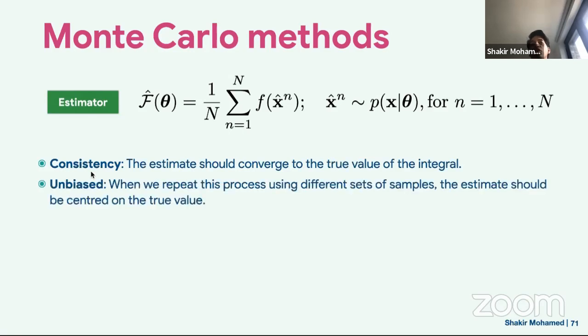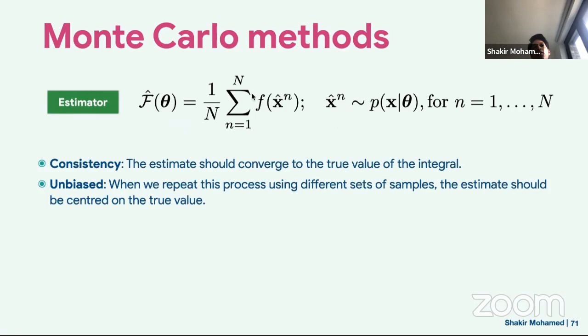Unbiasedness is usually the one that many people are interested in machine learning. So this sum that you see here, this value f of theta, is itself a random variable. And the reason it is a random variable is because you have to sample capital N different what we'll call variates xn. But you can generate many different sets of capital N variates xn just by the way you are sampling.